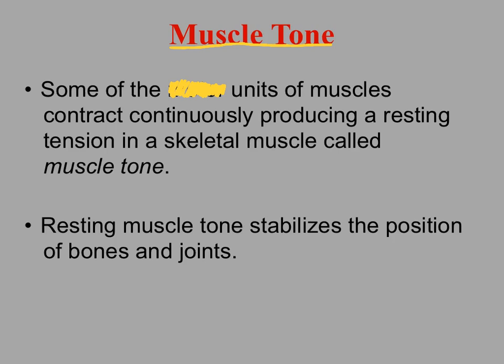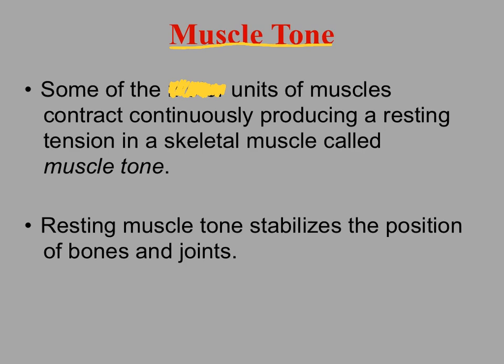And so that creates resting tension on these bones. That resting tension or that resting muscle tone helps to stabilize bones and joints. So individuals with greater muscle tone tend to have stronger joints and tend to get injured less.